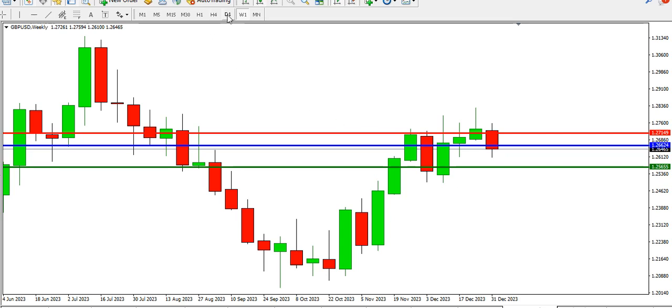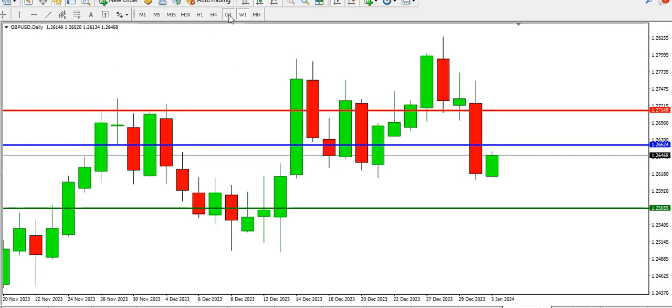Either it breaks out to the top side or breaks out to the downside before we make a decision on the weekly time frame. On the daily time frame, you can see that the buying pressure has reduced as sellers try to step in. Look at these candles around here.